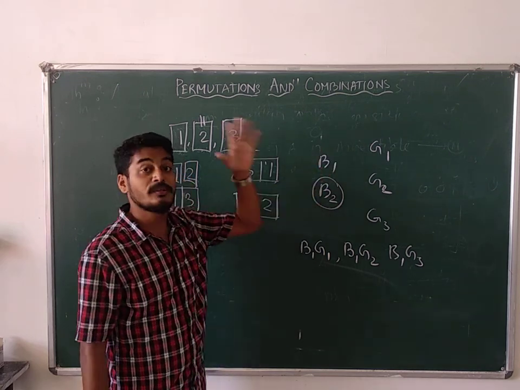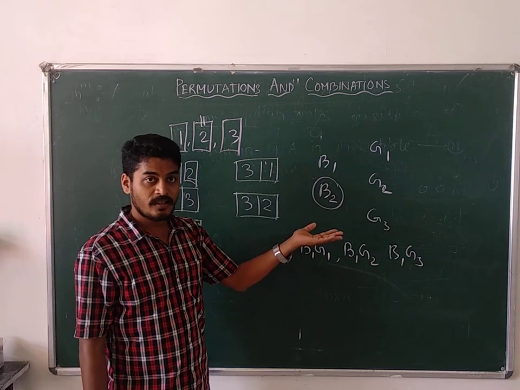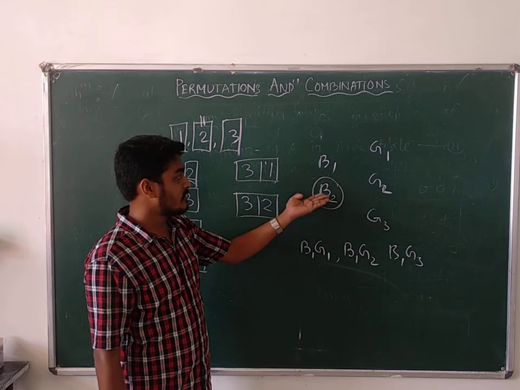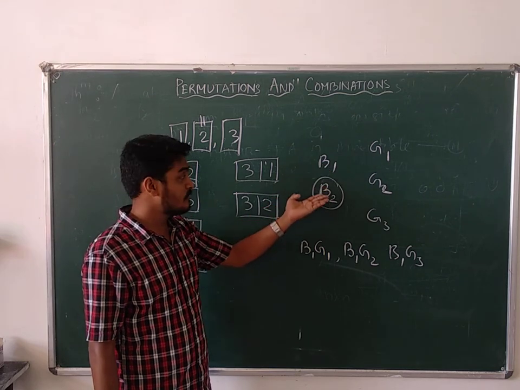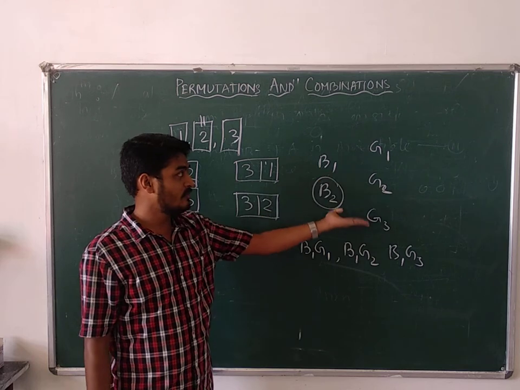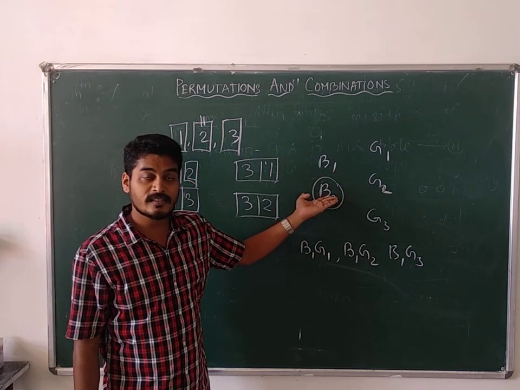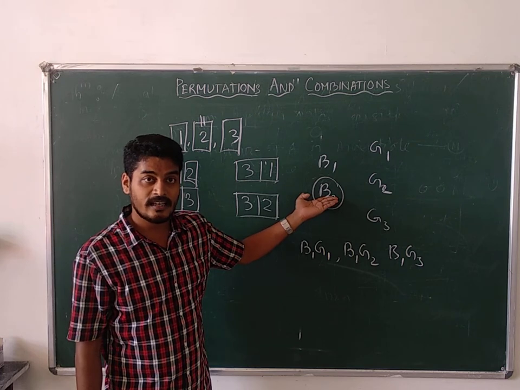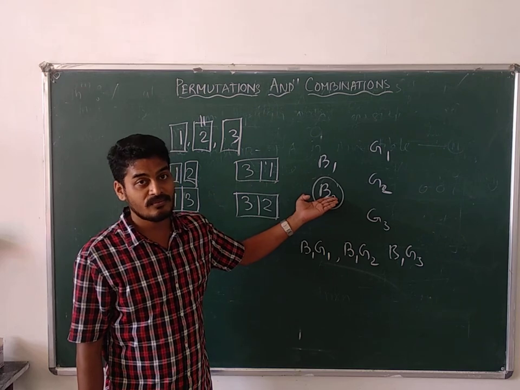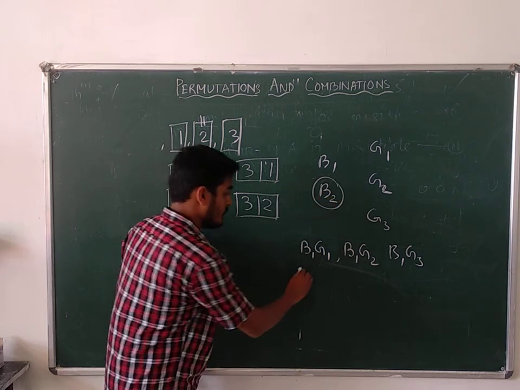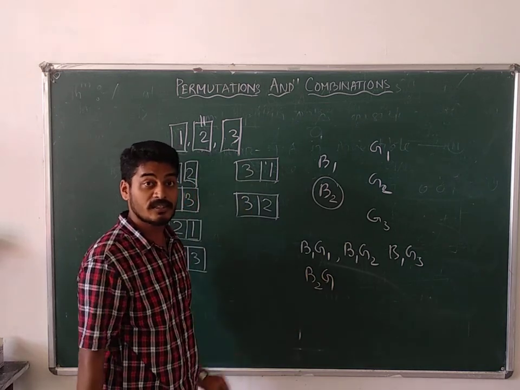Suppose these 2 boys are from different states and different districts, and they do not know each other. Then these 2 persons independently have 3 selections. How many different ways can the second boy make a pair? 3 different ways. Boy 2 can select girl 1 to make the pair.